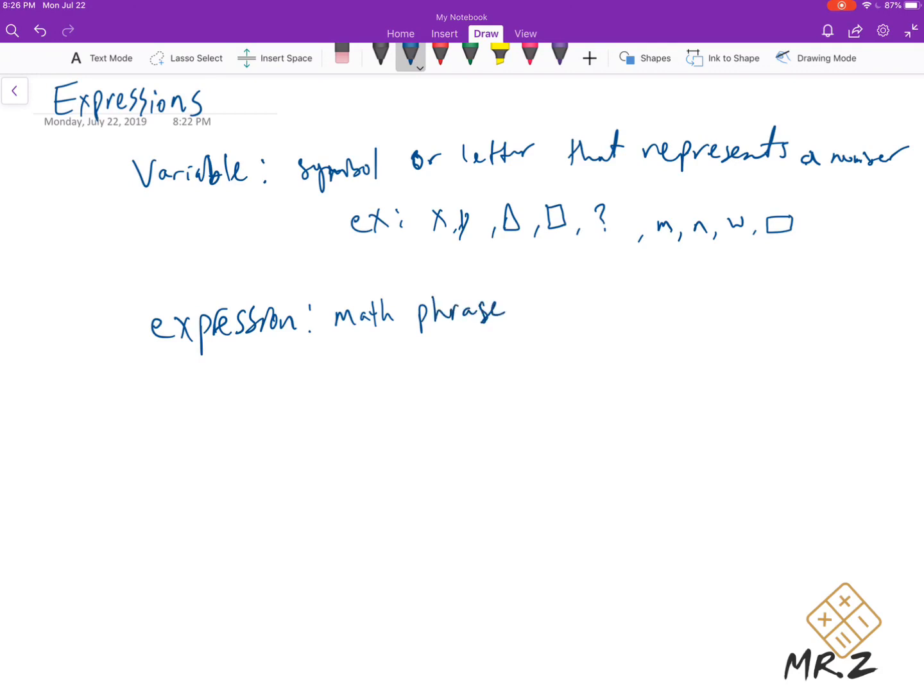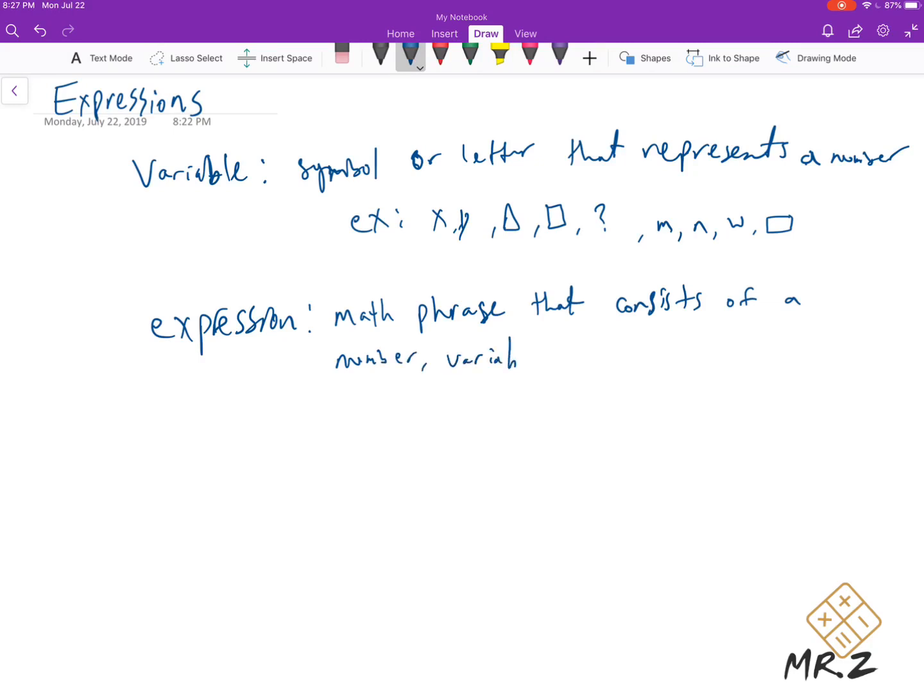Math phrase that consists of a number, sometimes a variable. That's where you get algebraic expression from.